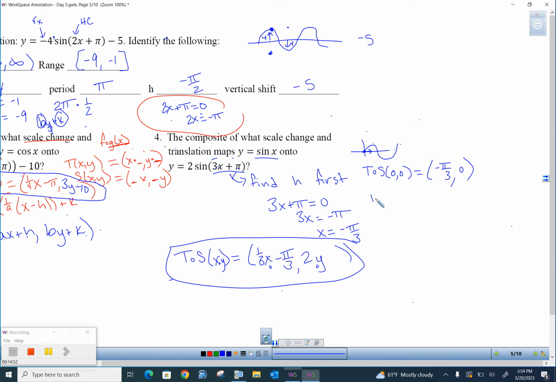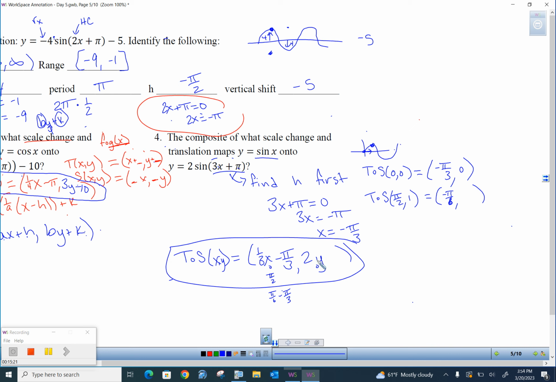So we can also do this for the next point so that we can see really what the pattern is doing. So the next point is pi over 2, 1 on the original graph, and we can plug in those values. So if this is pi over 2, that's 1/3 times 1/2 is 1/6 pi. And then minus pi over 3, a 6 minus a third is negative 1/6, excuse me.